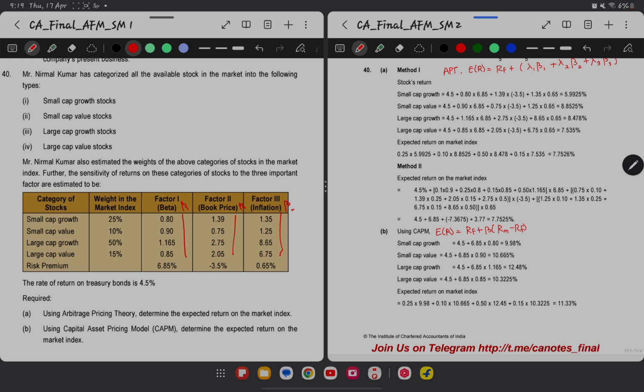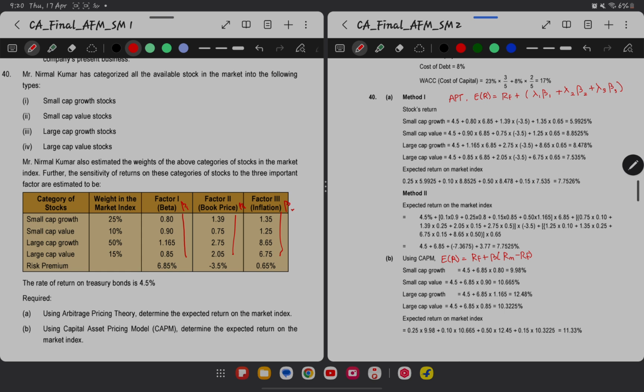In our case, the risk premium will be lambda 1 multiplied by beta 1, which is the factor 1 multiplied by the sensitivity, factor 2 multiplied by the sensitivity, and then factor 3 multiplied by the sensitivity. So factor 1, factor 2, factor 3 we know, and the percentage change also we know for calculating the risk premium and multiplying with the betas.